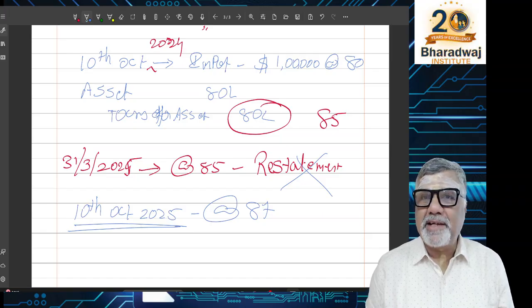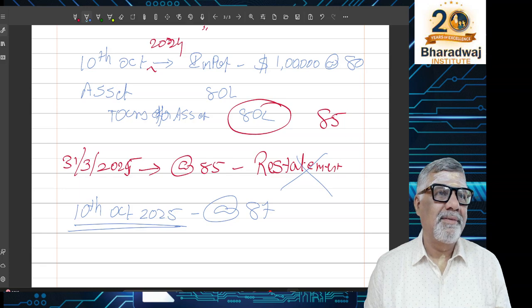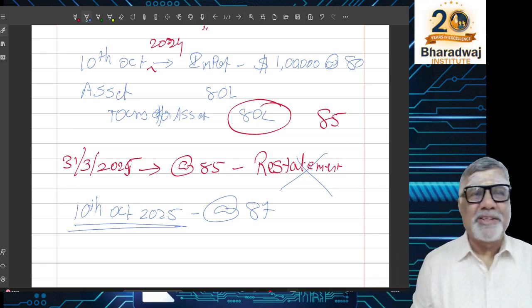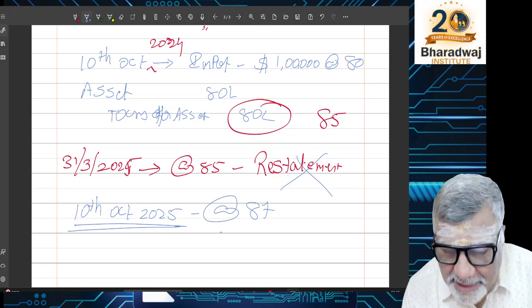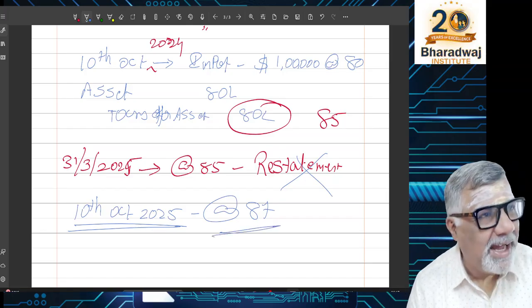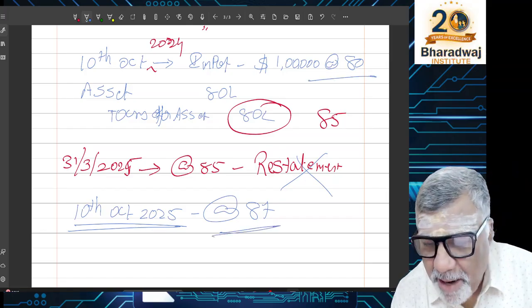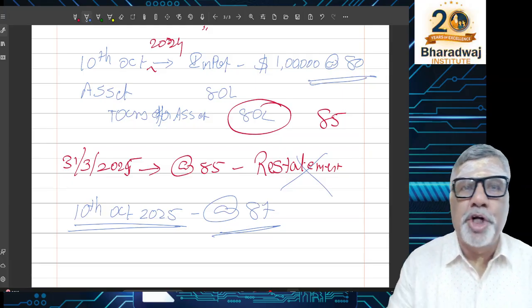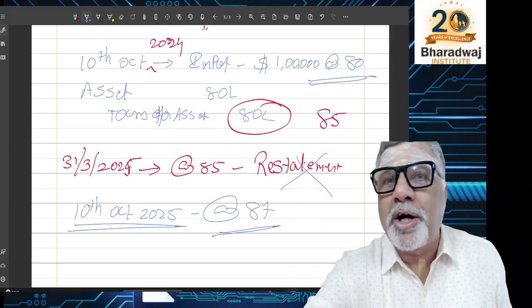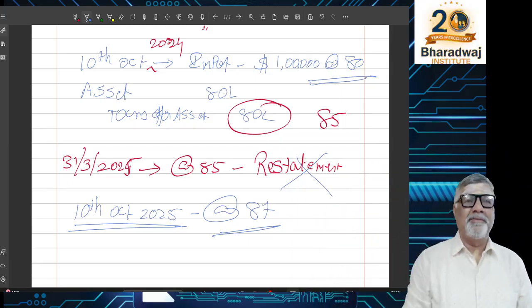Under income tax law, something else happens. Income tax law says whatever difference between the date of settlement and date of transaction should be added to the cost of the asset.